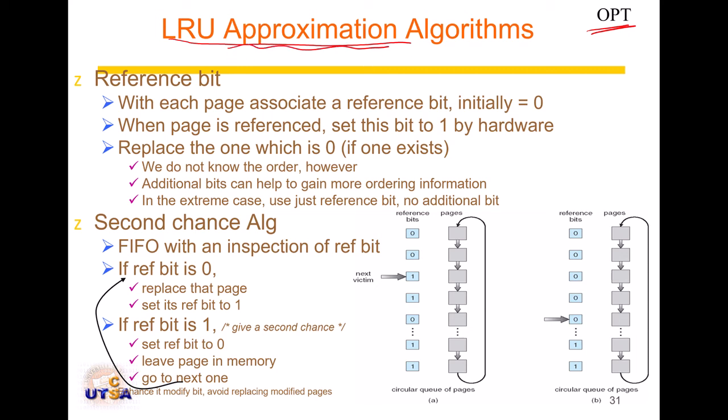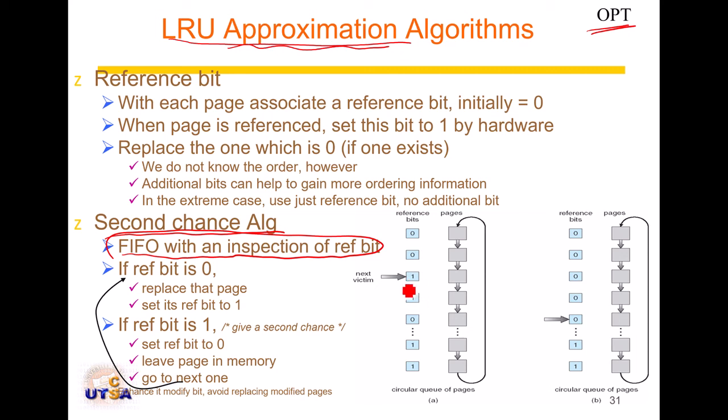One of the ideas here, for example, is called the second chance algorithm. What it does is work like first in, first out, but when it comes to replacing a page, it doesn't replace the page right away. It just looks at the reference bit. If that page was referenced, it means that page was accessed, so they give that page a second chance.